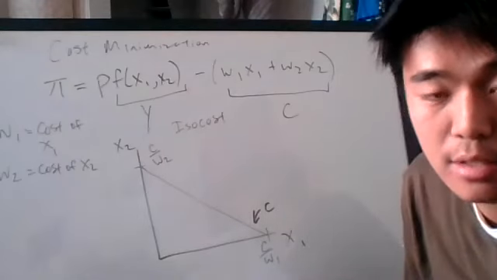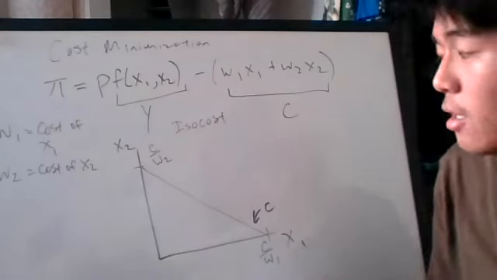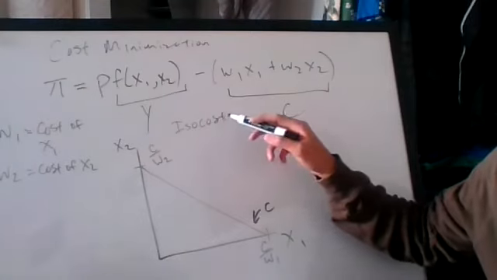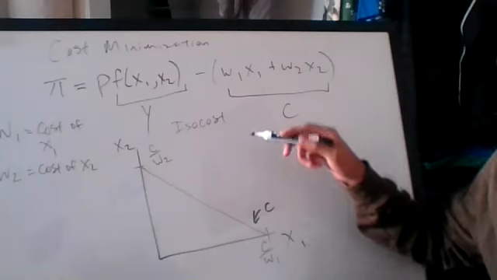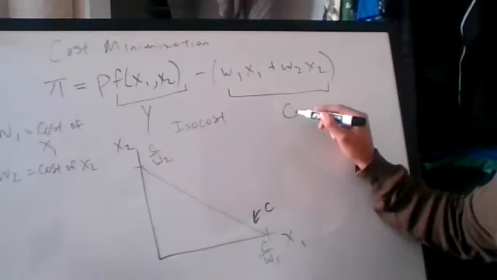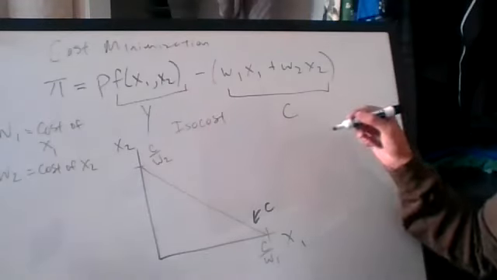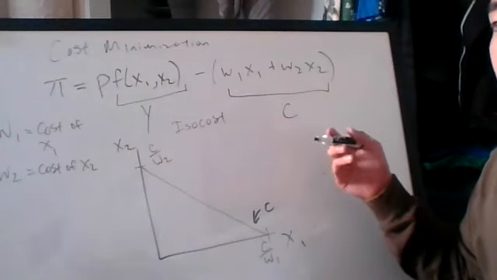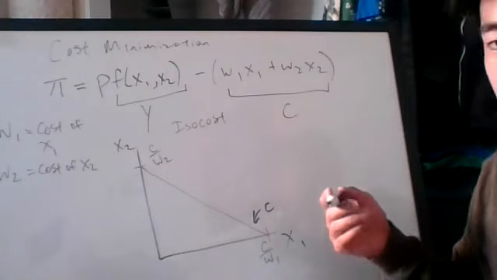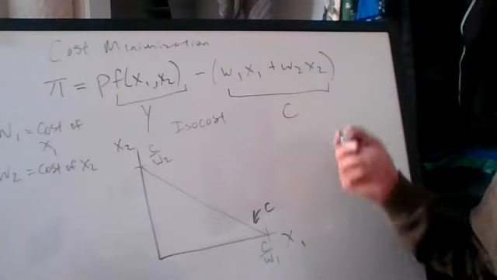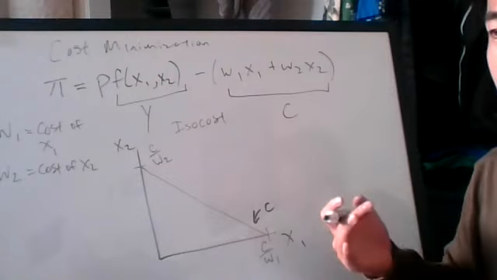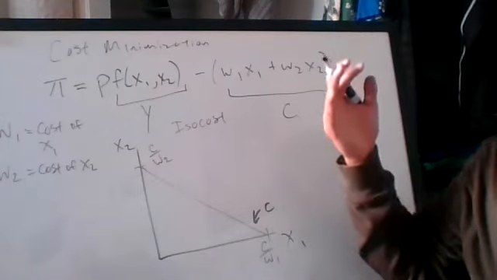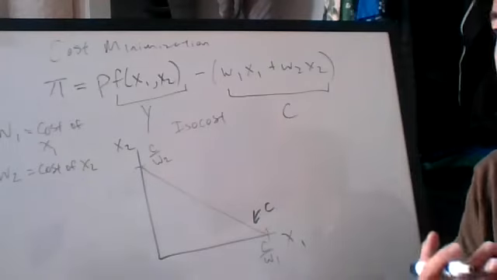Yeah, exactly. Isaiah, that's exactly how you want to think of it. The one difference though is that the ISO cost is not unique to a single level of C. Because if you think about it, M in the case of the budget constraint was fixed because we can't just have increasing levels of income, since that's not realistic.